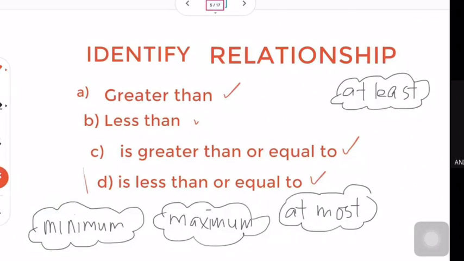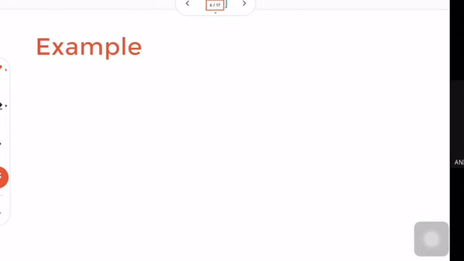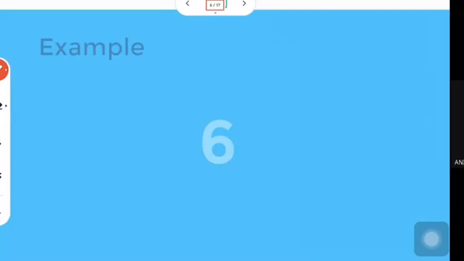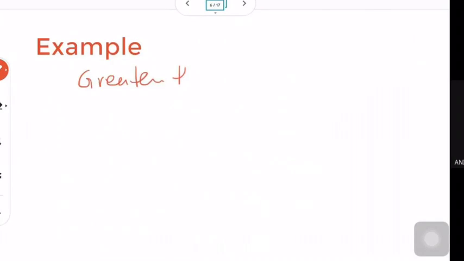Okay, nanti kita akan tengoklah macam mana. Alright, next slide. Okay, for example yang D tu is greater than or equals to.